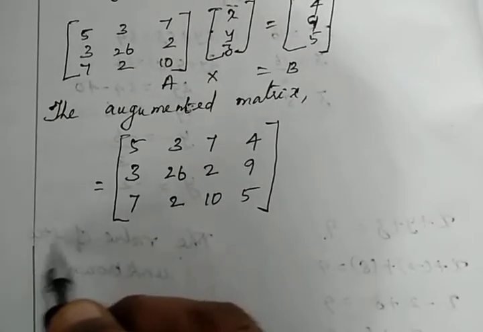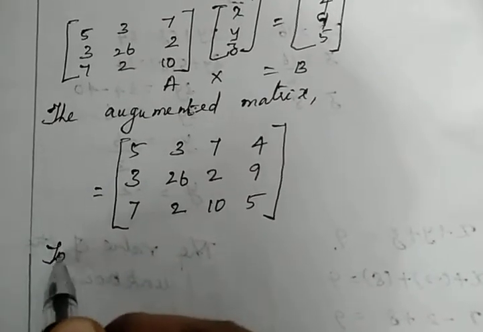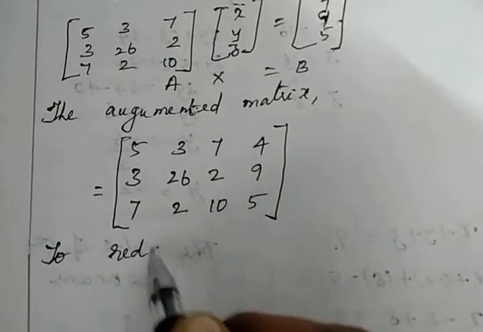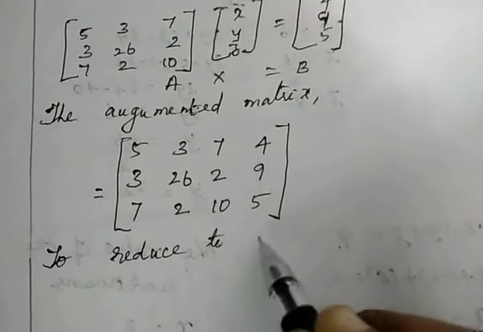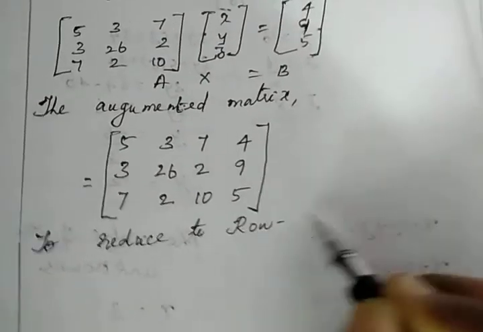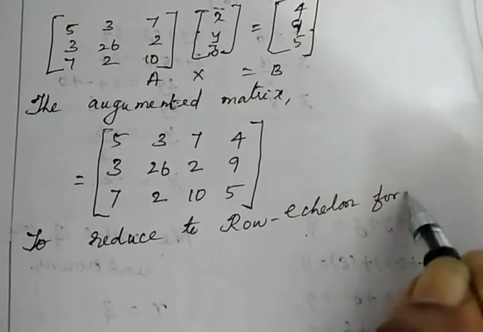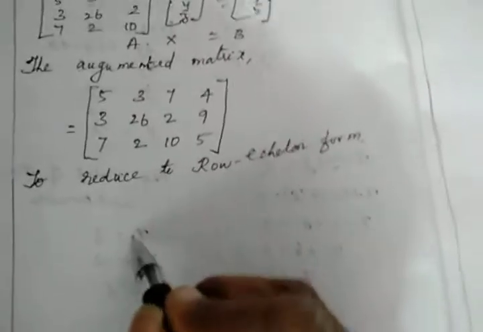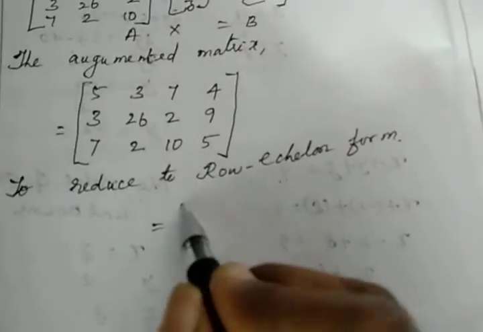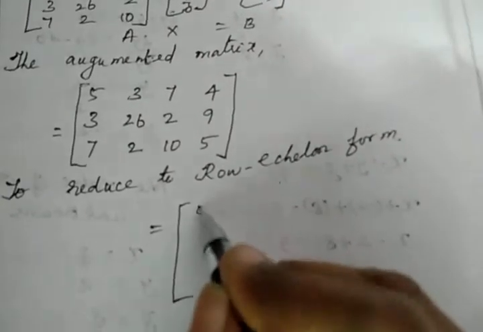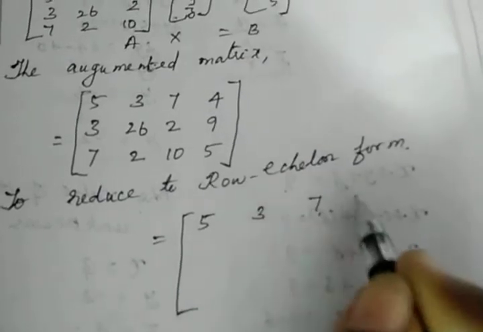The next step is to reduce to row echelon form. So what should I do here? The first row is 5, 3, 7, 4.